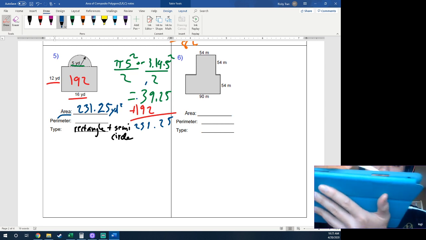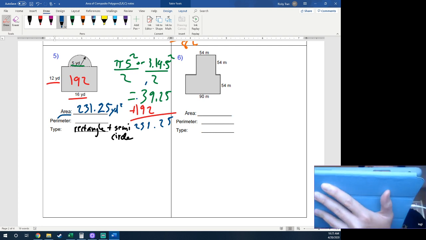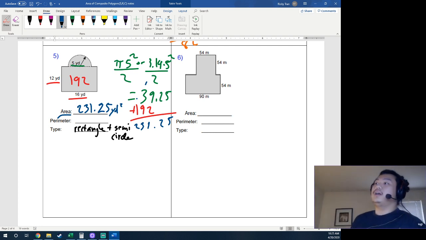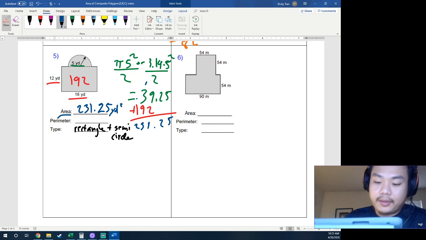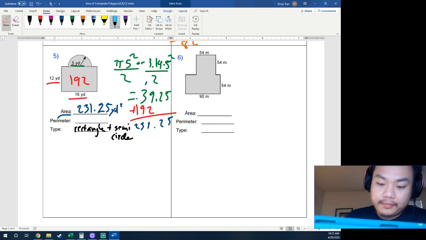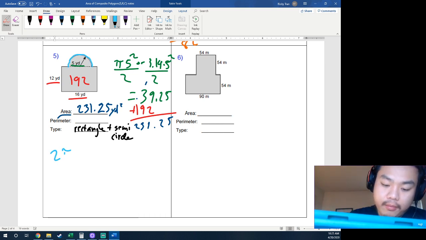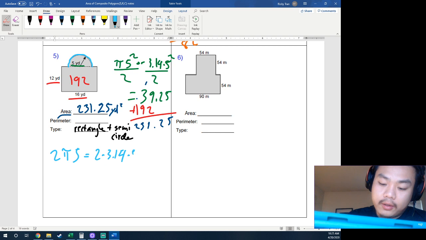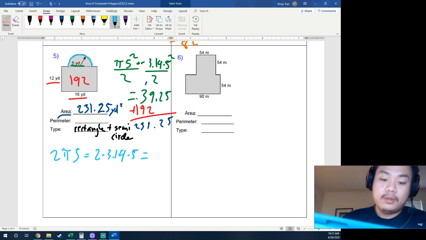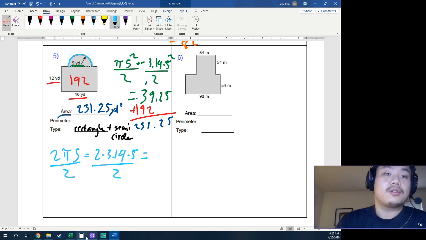And then perimeter, I'm gonna skip perimeter for this because, you know what, let me do it real quick. Perimeter is going to be 2 pi 5, which is 2 times 3.14 times 5 divided by 2, because it's half a circle.